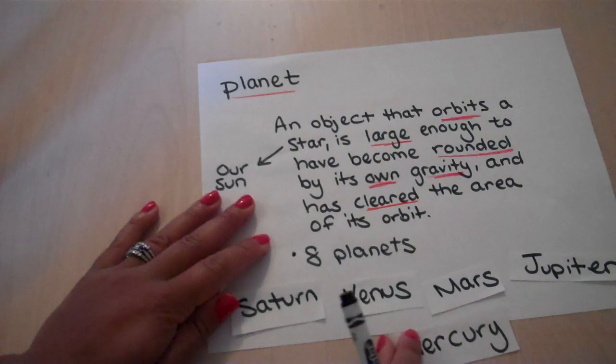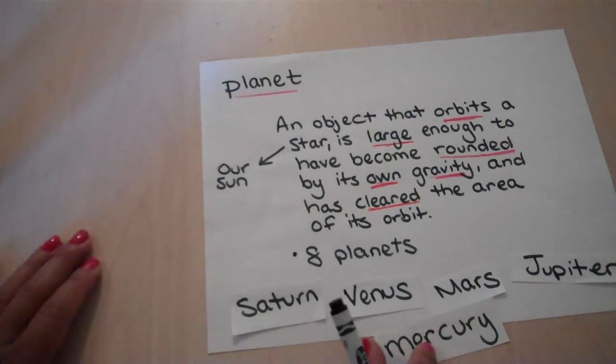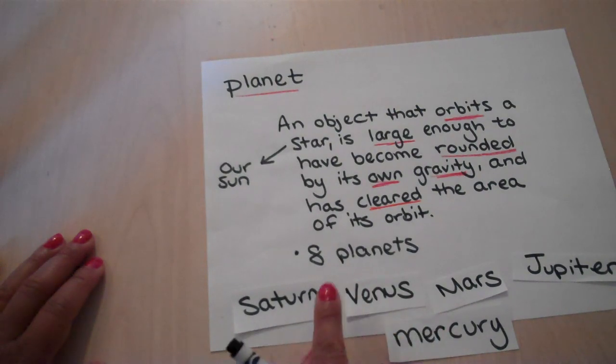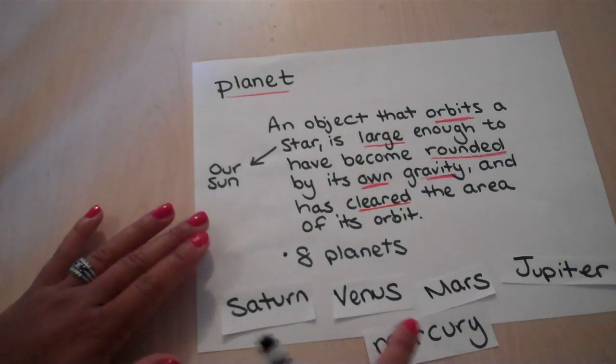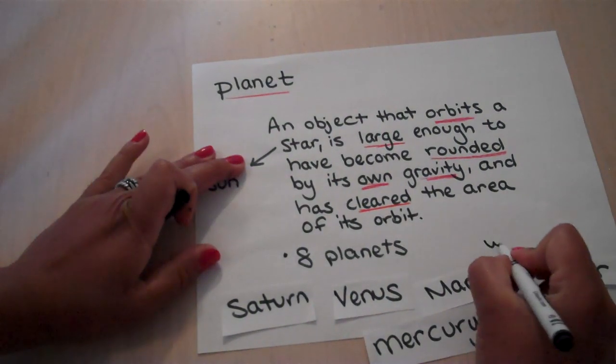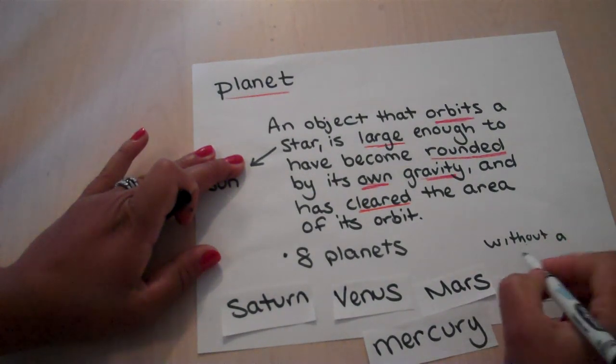So remember, this section is about the sky from Earth. So looking out from Earth, we can see these 5 planets without a telescope. And that's a really good fact to jot down. So, without a telescope.